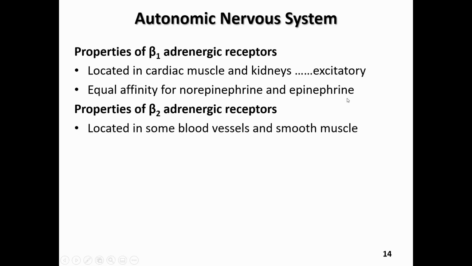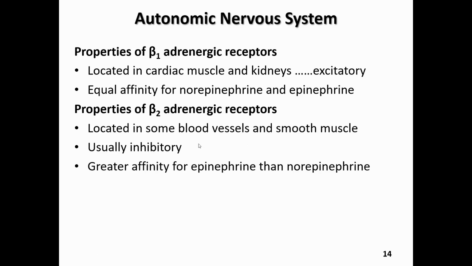Beta 2 adrenergic receptors are typically found in some blood vessels and smooth muscle. And so by affecting smooth muscle, these types of receptors will often trigger a relaxation of smooth muscle, and as such are usually inhibitory. And so these types of receptors have a greater affinity for epinephrine than norepinephrine.